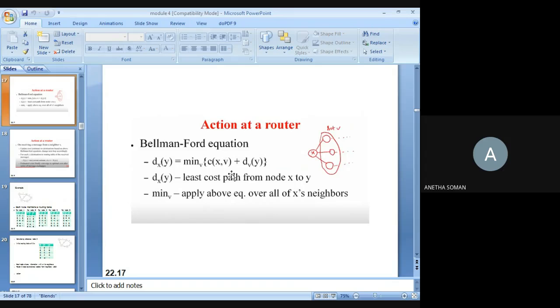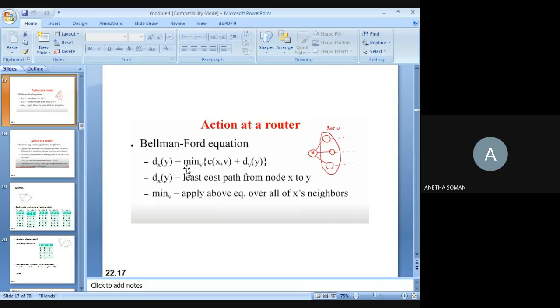Now, what is that v actually? On the right-hand side, your source node is x. You might be connected to many neighbors, and v is the set of neighbors to which the source node x is connected.